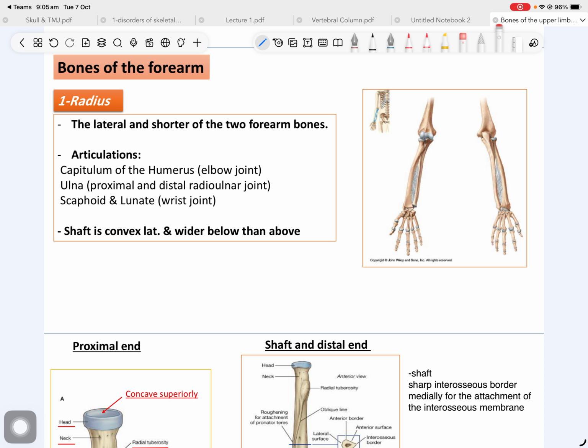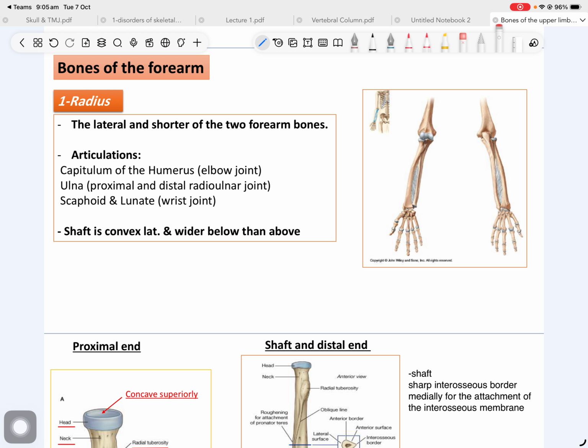And there's also articulation between the ulna and radius themselves. These two bones also articulate with each other at two joints. We call them the proximal and distal radio-ulnar joints. Okay? What do you think is the movement of these joints?